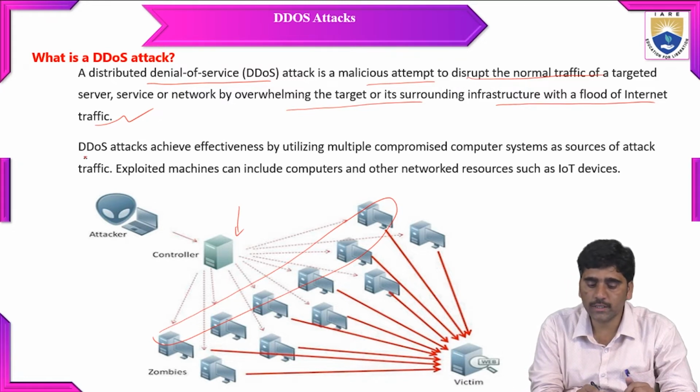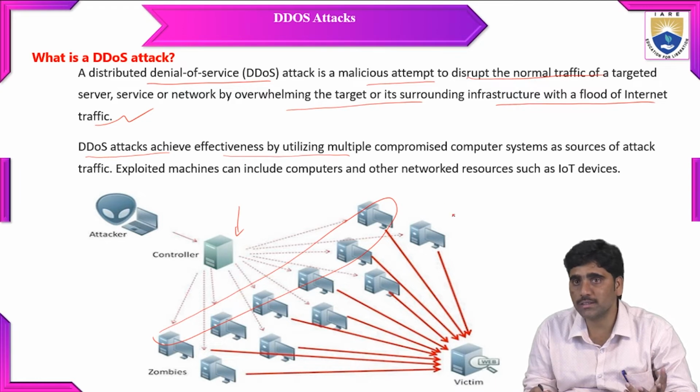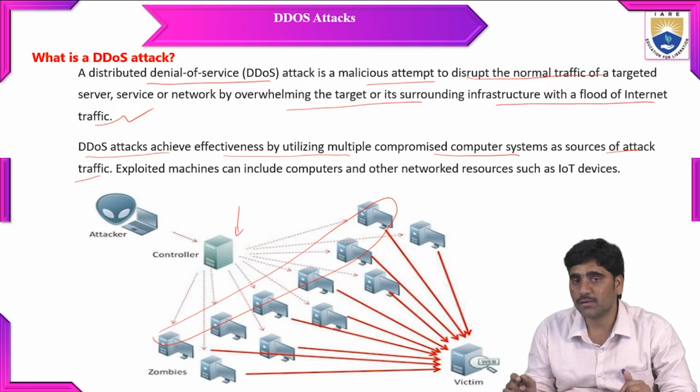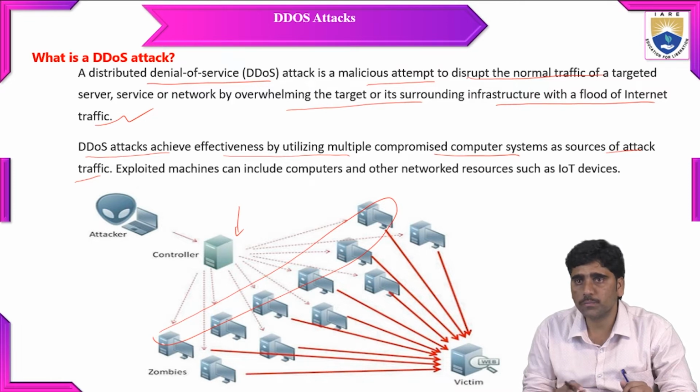Here DDoS attacks achieve effectiveness by utilizing multiple compromised computer systems as sources of attack traffic. All the systems are grouped together and compromised to attack the target machine. That is the main effective thing in the DDoS attack. These grouped, compromised computers attack the target machine.